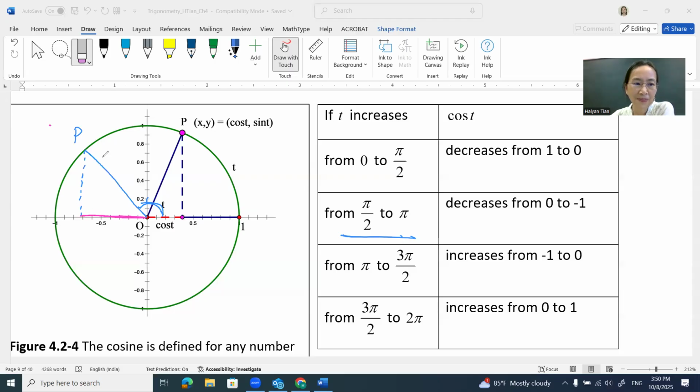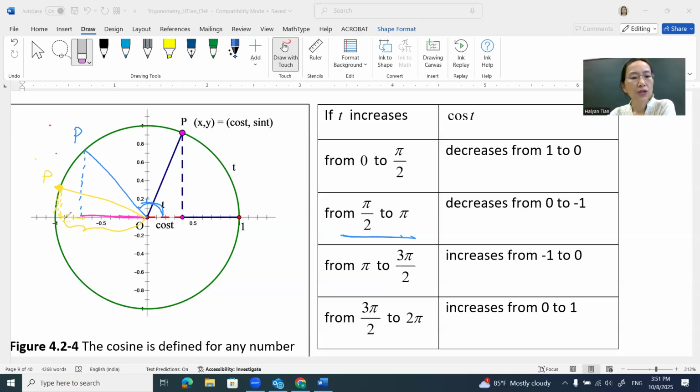It's negative. So when you have a larger t, what happens? When you have a larger t, you can do another one, then it's going to be more negative, right? So you can always try to think of another t. Let's put it in yellow. This is the point P intersection, and then what's the x coordinate? It's going to be more negative.